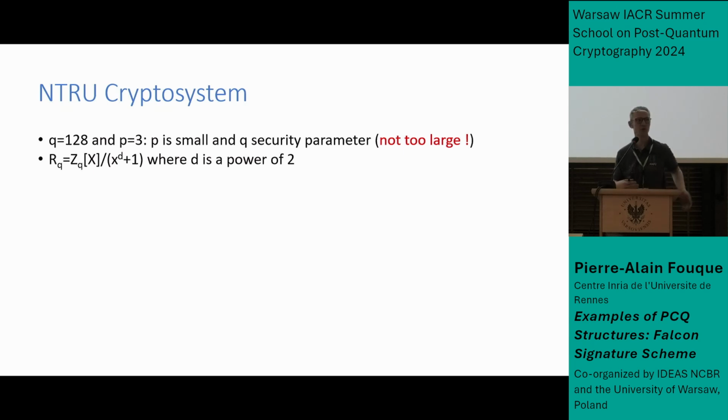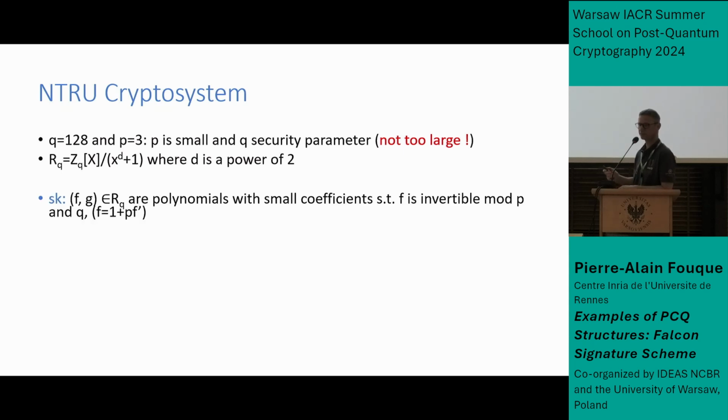Okay, so q is large, but not too large. And now we work with exactly the same ring of integers as I mentioned, which is cyclotomic because d is a power of 2 here.